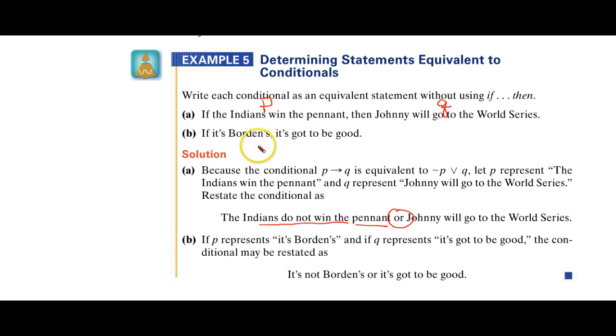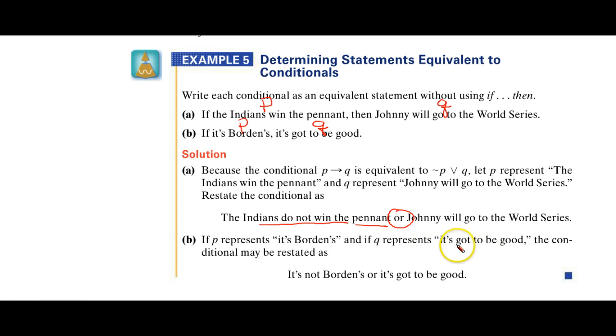And we could look at the second one too. If it's Borden's, it's got to be good. I haven't heard that for many, many years. That used to be a very famous, it was ice cream, Borden's ice cream, I believe. So P represents the Borden's, it's got to be good, is our Q statement.